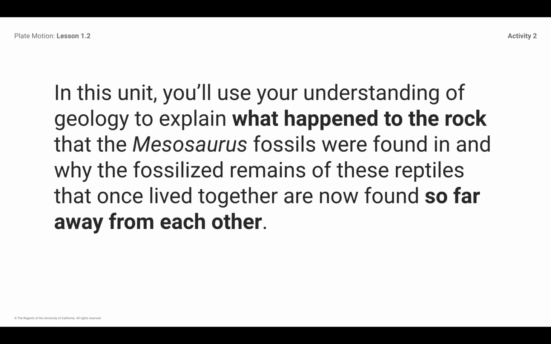So let's keep going. In this unit, you'll use your understanding of geology to explain what happened to the rock that Mesosaurus fossils were found in and why the fossilized remains of these reptiles that once lived together are now found so far away from each other.